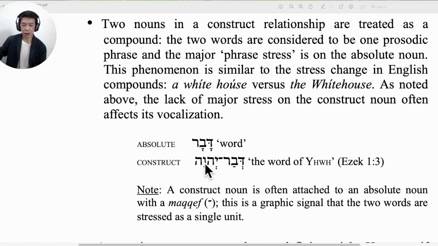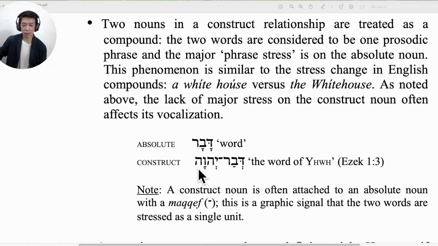So whenever I see Yud He Vav He, I will pronounce it as Adonai. So the word of Adonai is devar Adonai. You can see that there is some vocalization change from the absolute form to the construct form.